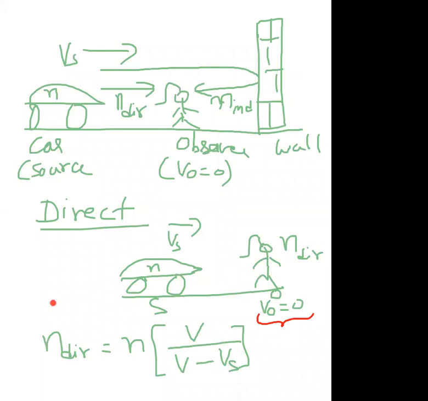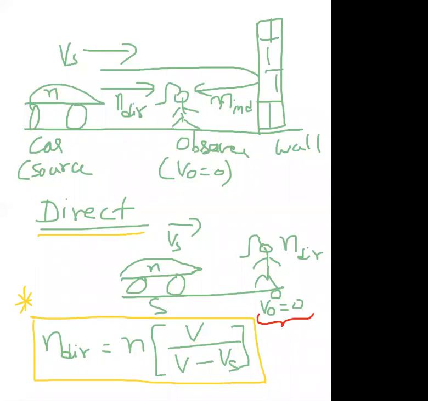So n direct is equal to n into V by (V minus Vs). Whenever we take direct sound, directly from source to observer, this is the formula to be noted.